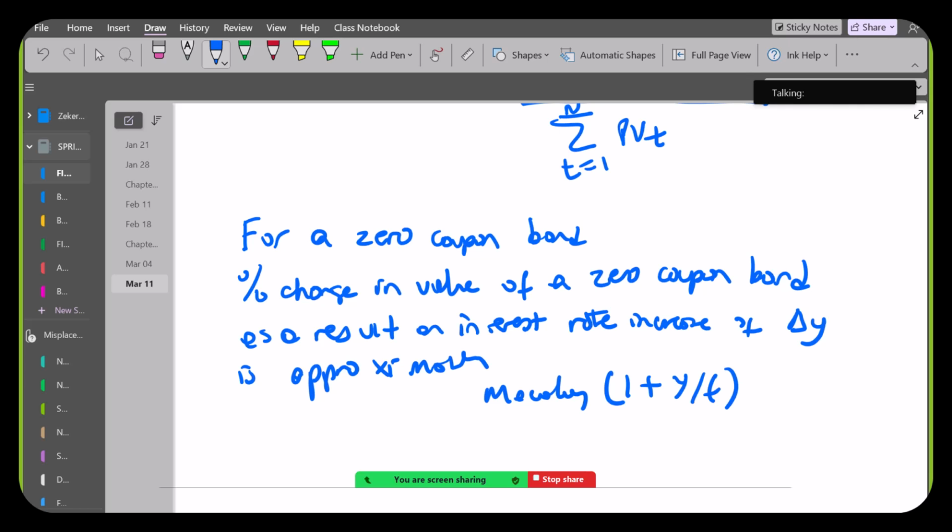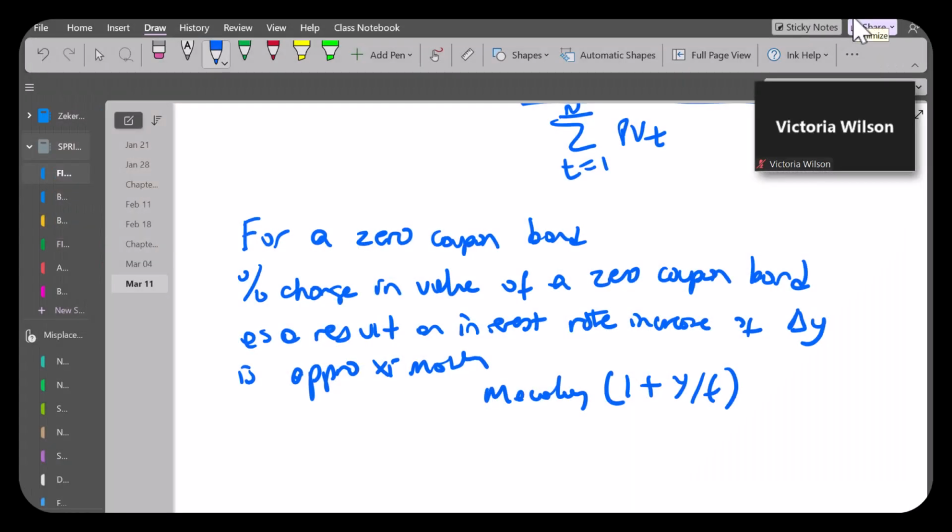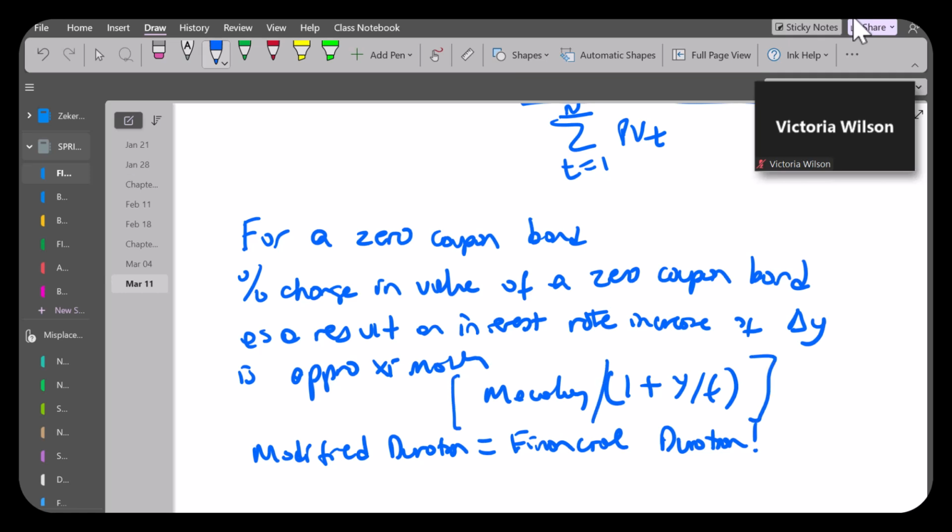In fact, we sometimes call this modified duration. Or sometimes it's called financial duration. Of course, times delta y.